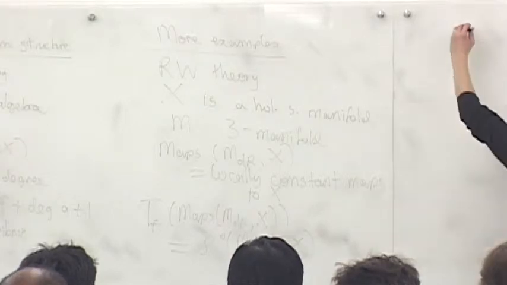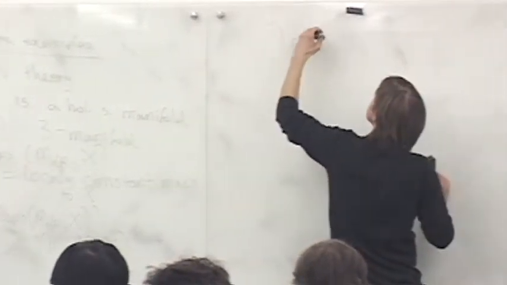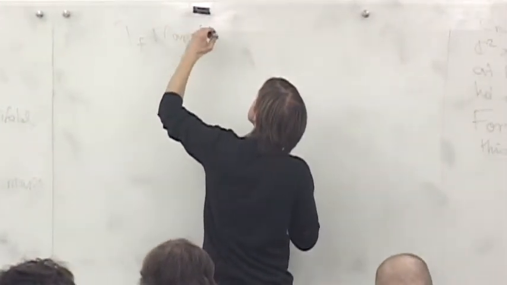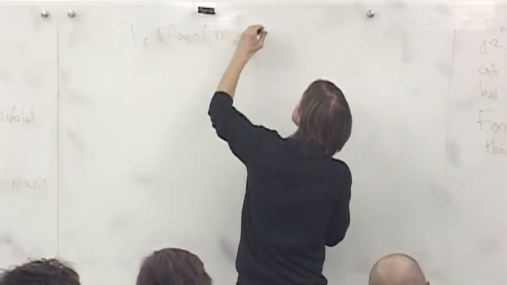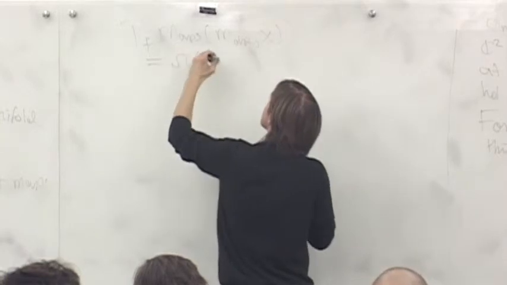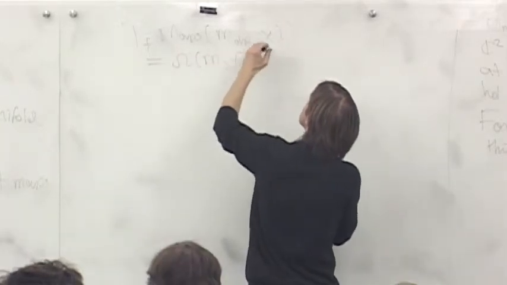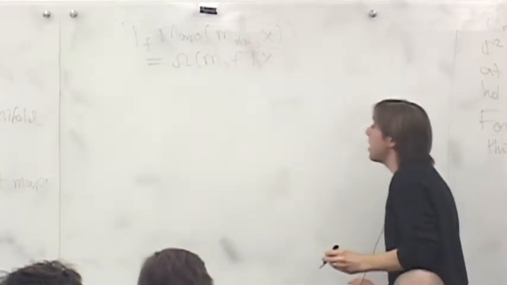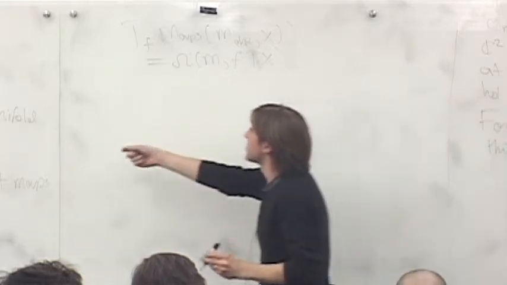Let me write this one again. So the tangent space to this mapping space is the de Rham complex of M tensor T of X. And now we're supposing X is symplectic.